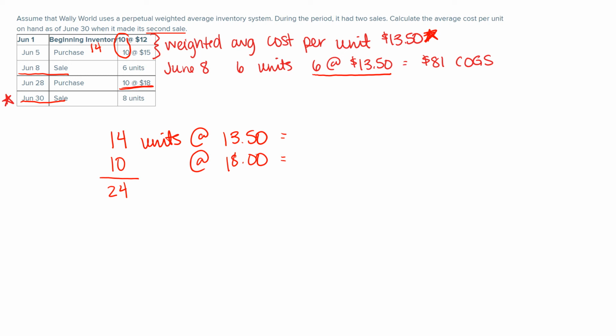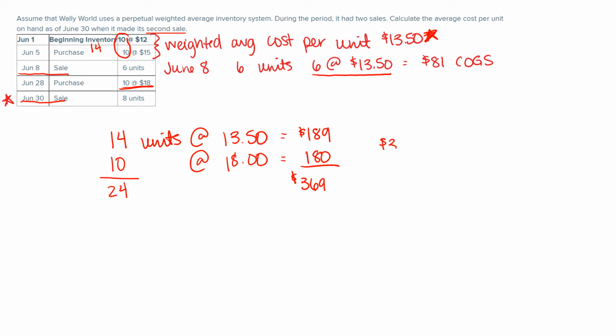So 14 units at $13.50 is $189, and 10 units at $18 is $180. When we add those together, we get a total of $369. So the total cost of the inventory on hand is $369, and that is for 24 units.